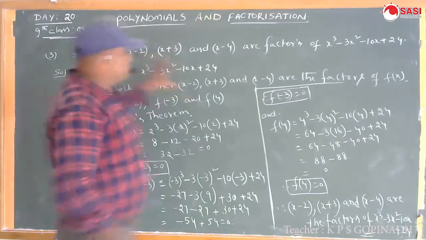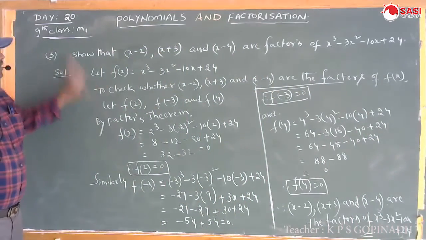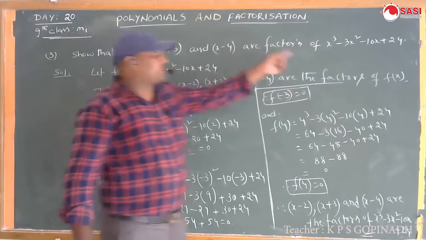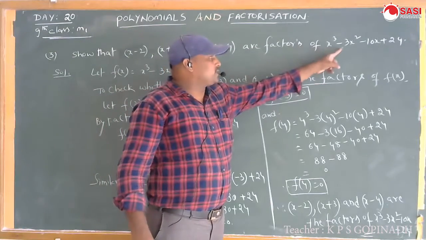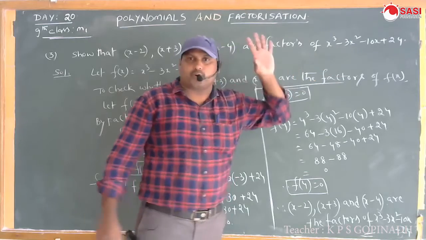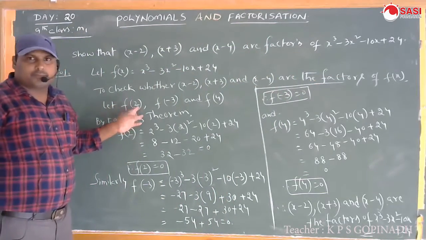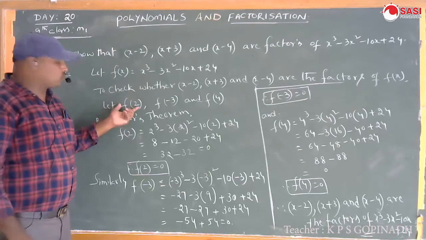Okay, understand children? So if you want to show that x minus 2, x plus 3 and x minus 4 are the factors of x cube minus 3x square minus 10x plus 24, individually you have to check f of 2 by using factors theorem. F of 2 you have to calculate.